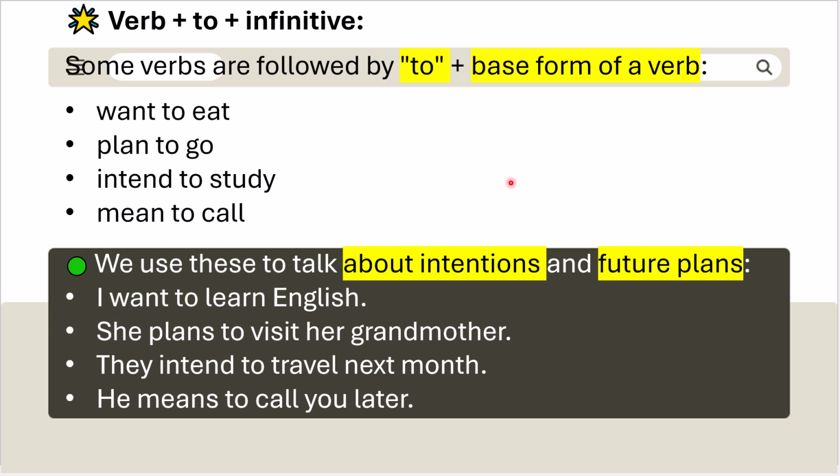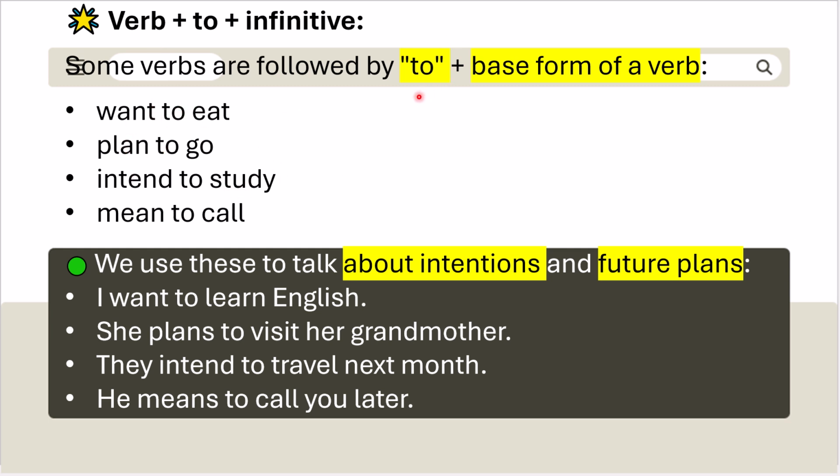Some verbs are followed by to plus the base form of the verb. Examples given here: want to eat, plan to go, intend to study, mean to call. So you can see how we can use to eat, to go, to study.